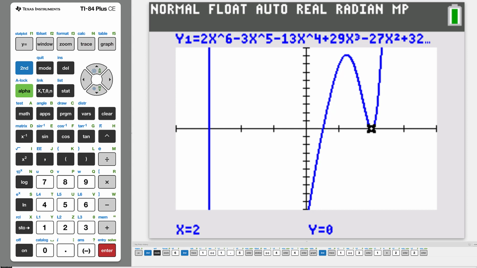Here's what I found. So we had that root at 2, and we found that the multiplicity was 2. The root at negative 3 has a multiplicity of 1, and the root at 1/2 has a multiplicity of 1. Now what remains is 2x squared plus 2. And that's very easy to factor.